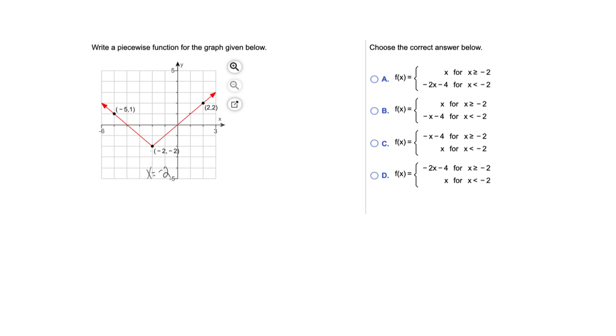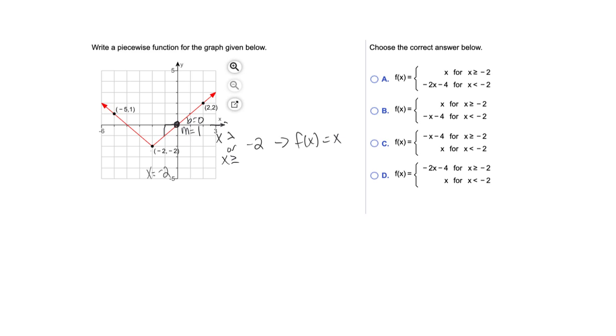So it goes up 1 to the right 1. So our slope of this line here is m equals 1. And our y-intercept is at 0, so b equals 0. So for x greater than or equal to -2, our f of x is x, right? Because your slope is 1 and your y-intercept is 0.